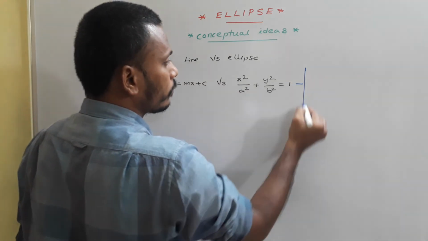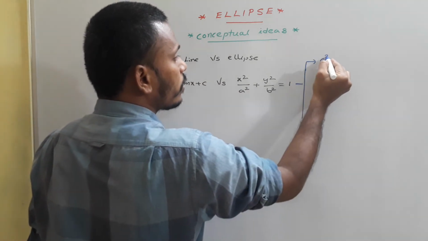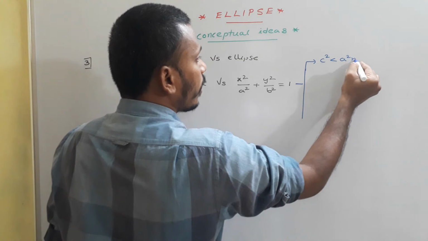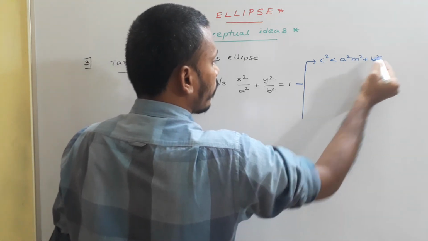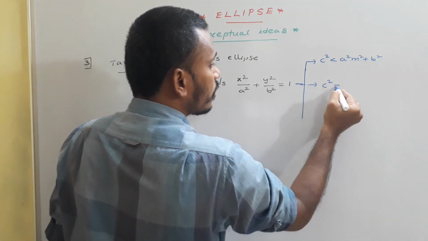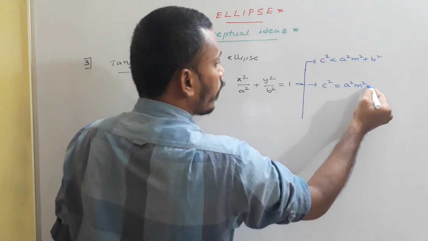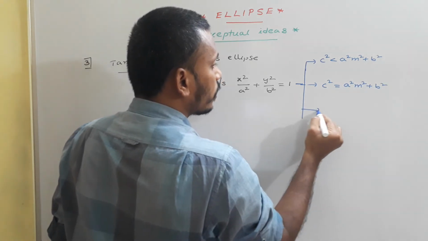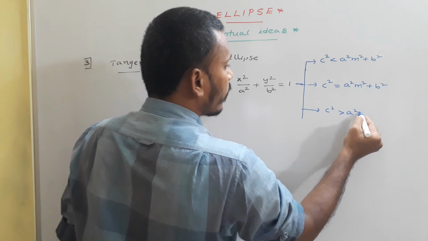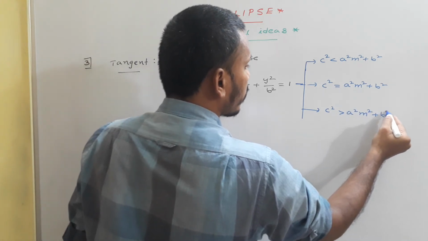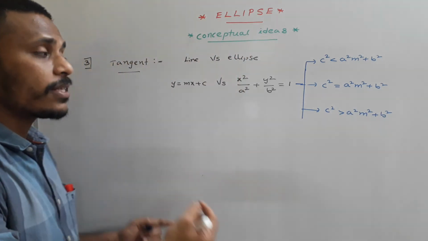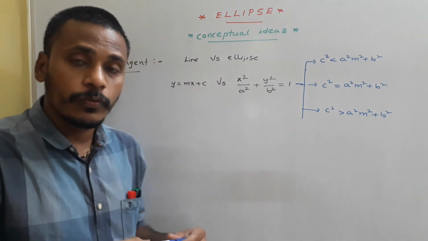Okay, one thing is c square value is less than a square m square plus b square, and the other thing is c square is equal to a square m square plus b square, and the third thing is c square is greater than a square m square plus b square. So we need to compare c square value along with a square m square plus b square.